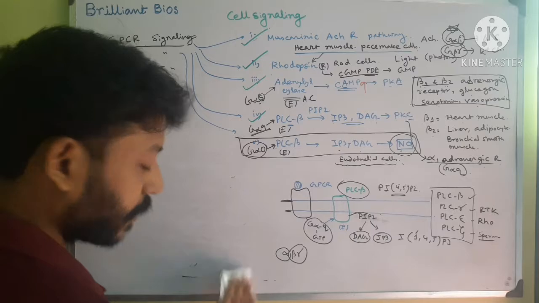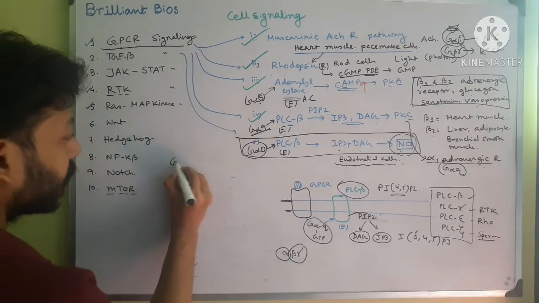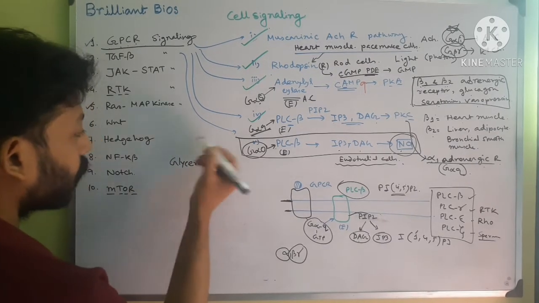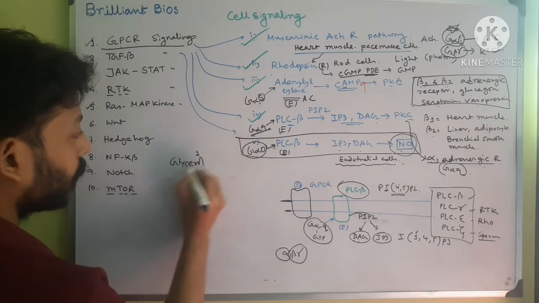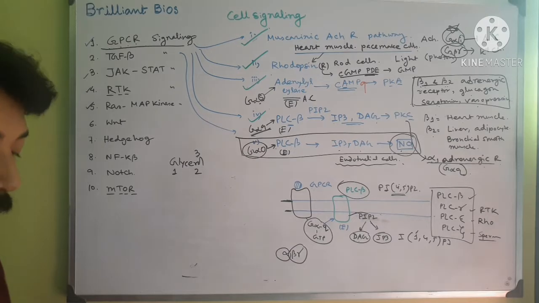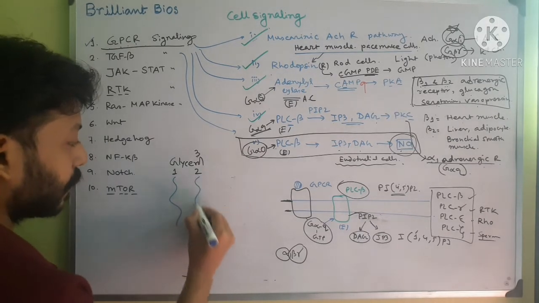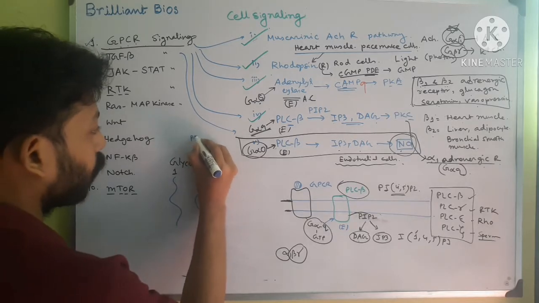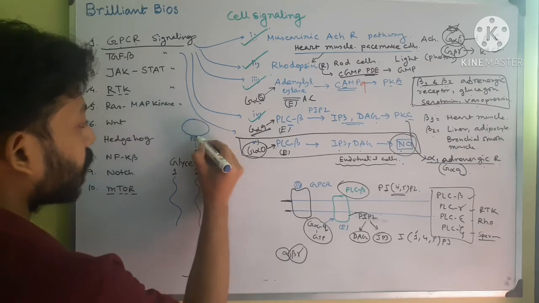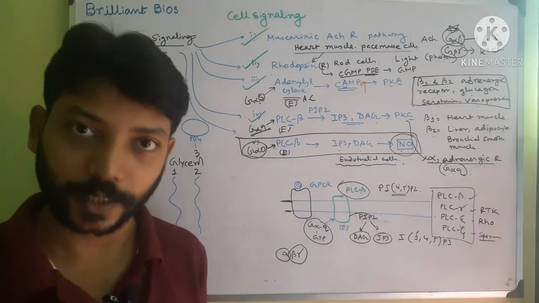How does it work? I have mentioned in my plasma membrane class that the basic thing of the phosphoglyceride is glycerol. Glycerol has 3 carbons. One is called 1, there is a 2, and there is a 3 carbon. Glycerol is a 3 carbon molecule. The first and second carbons are attached with fatty acids, and the third is attached with the phosphate group, PO4. Then in case of inositol, there is an inositol sugar attached with the phosphate, and inositol can be phosphorylated at different carbons.